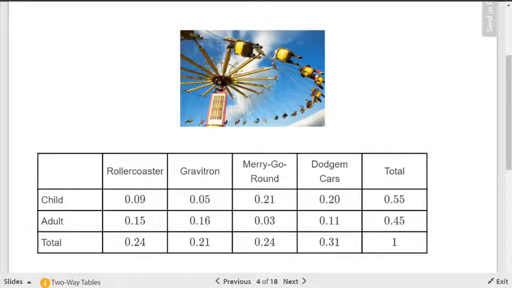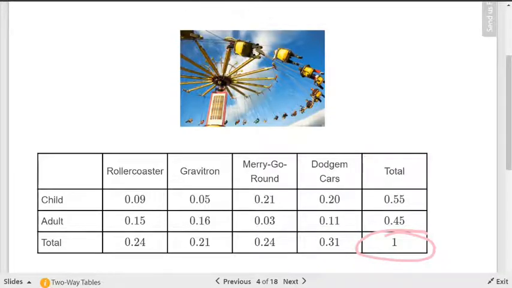Now, because they're probabilities, look what the grand total always must be. 1. Remember that this is the total of everybody doing everything, so that's 1. In other words, it is a certainty that every child and every adult did something on this chart.